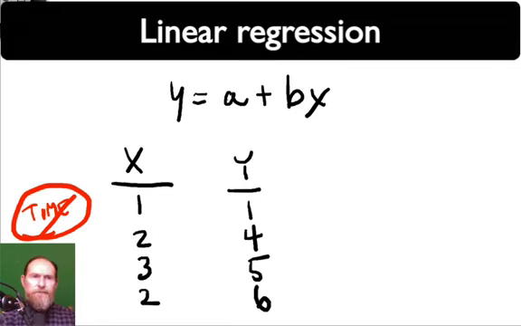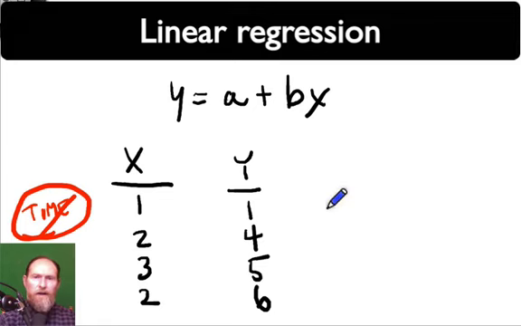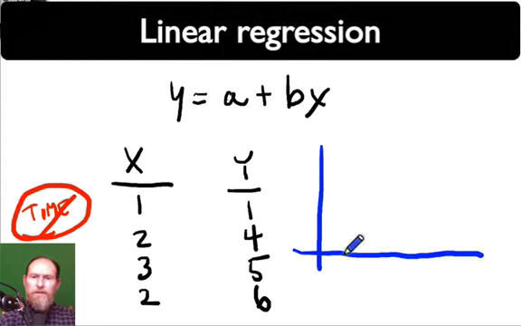In other words, what that graph would look like is we have 1, 2, 3 on x, and then on y we have 1, 2, 3, 4, 5, 6.